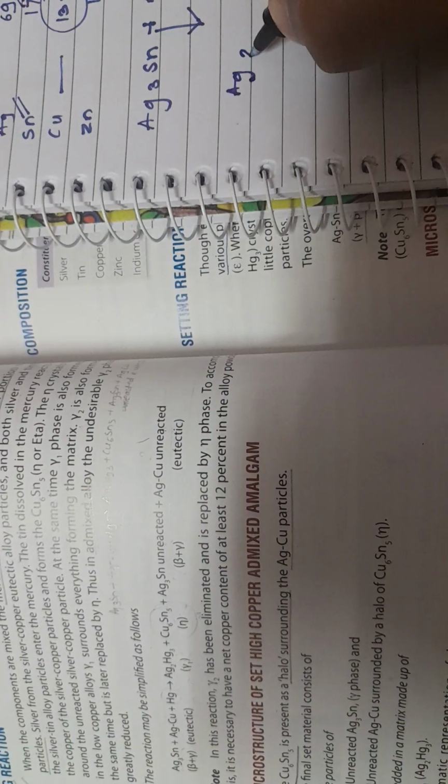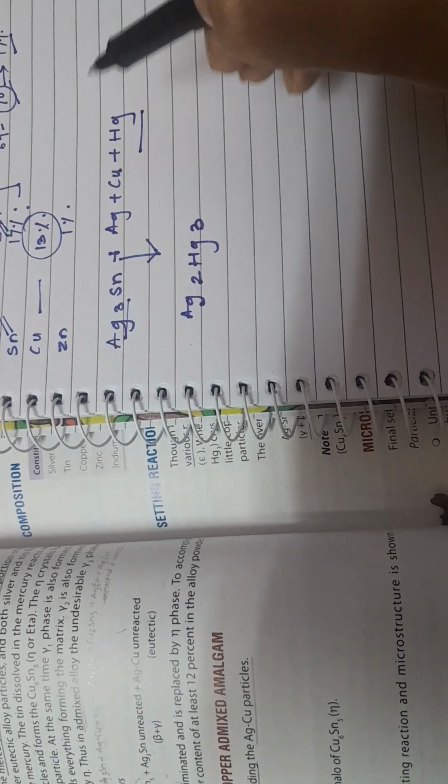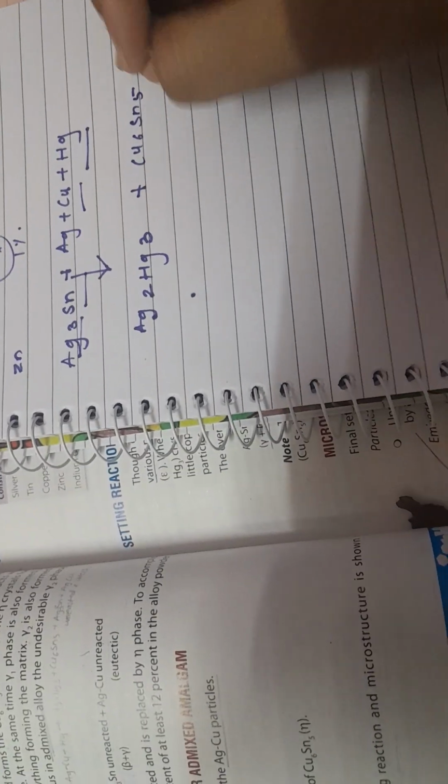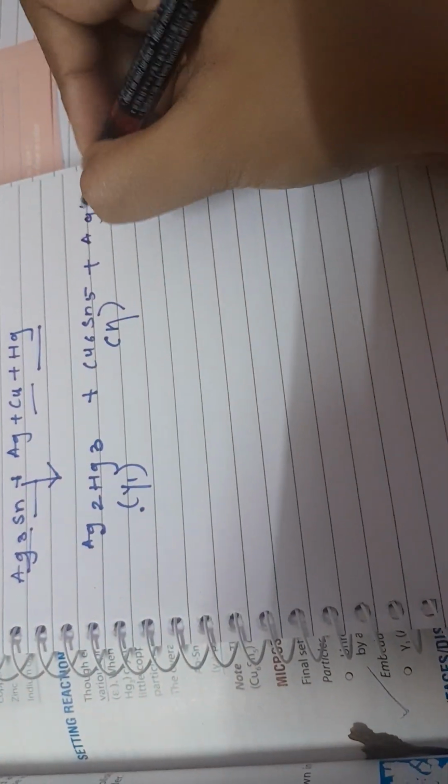Now it forms Ag2Hg3, this Ag and this Hg. Now Cu6Sn5, that is eta. This Cu reacts with this Sn and forms the Cu6Sn5, which we call the eta phase, and this is known as the gamma 1 phase. And we know that the unreacted AgCu particles remain. So this is a very easy reaction.